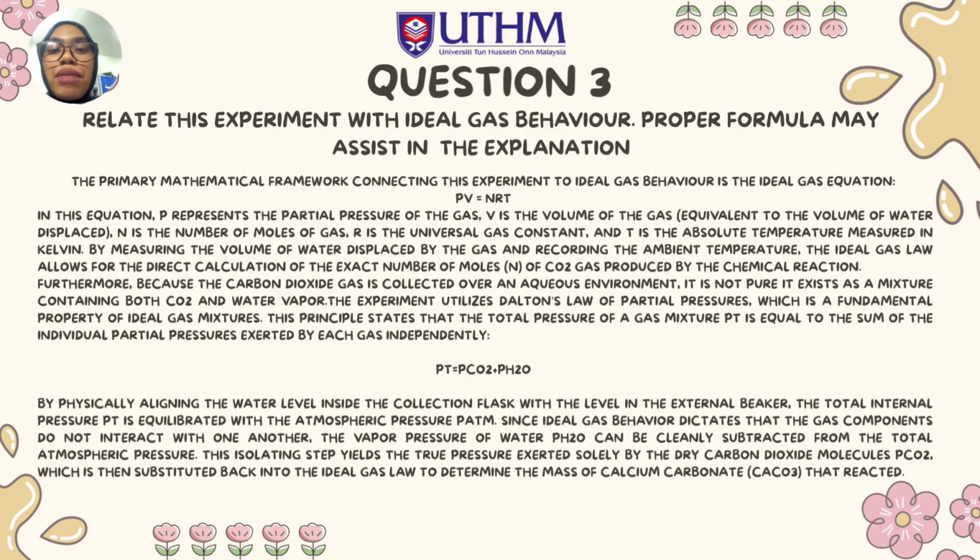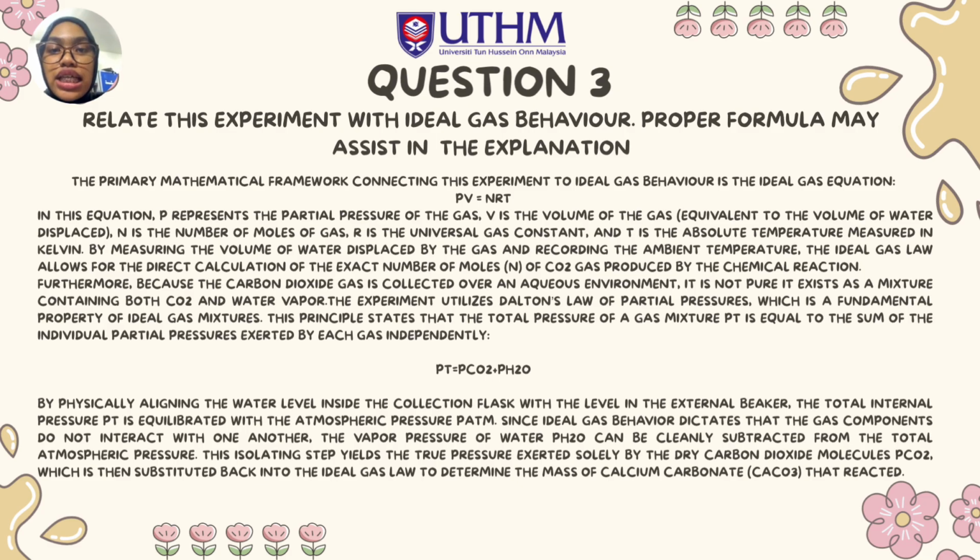Furthermore, because the carbon dioxide gas is collected over an aqueous environment, it is not pure, it exists as a mixture containing both CO2 and water vapor. This experiment utilized Dalton's law of partial pressure, which is a fundamental property of ideal gas mixtures.